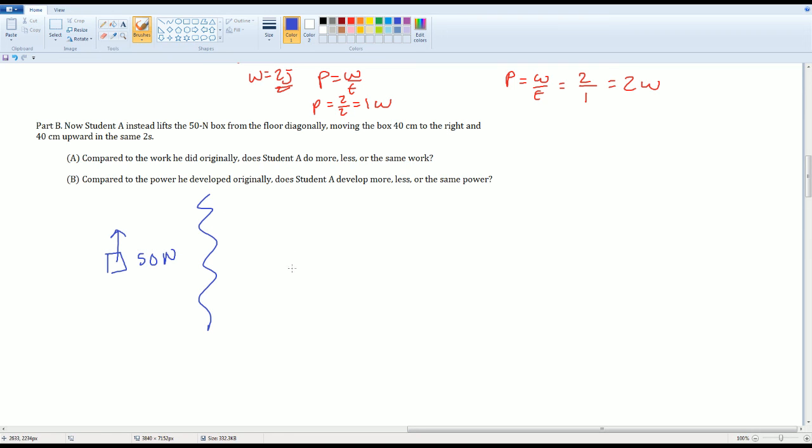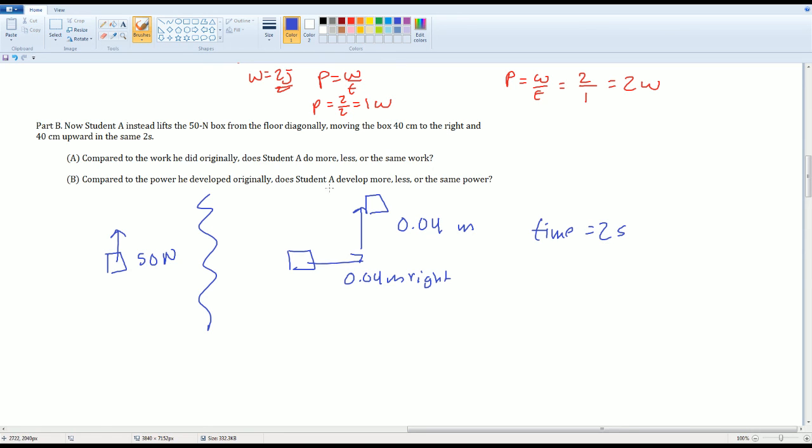In this case, he instead lifts the 50 newtons and moves it 0.04 meters to the right. Then he goes up 0.04 meters, and time is still equal to 2 seconds.